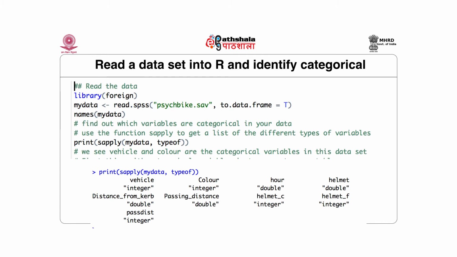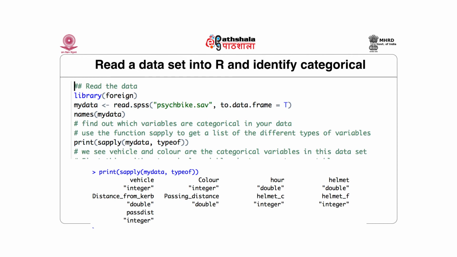So here the function is typeof, and the list is myData, because myData is a data frame, but the data frame is essentially a list, nothing else. And then I apply the function typeof to each element of myData by using another function called sapply, and sapply then returns it.